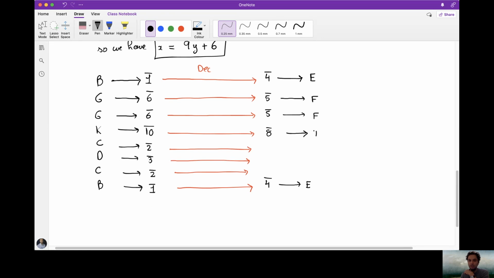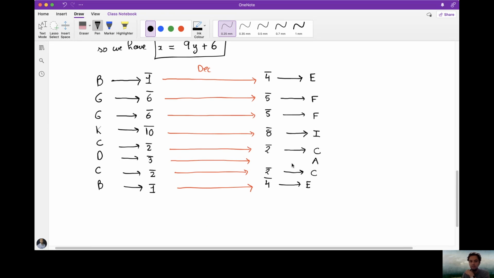And now we just have 2 more letters to do. 9 times 2 is 18 plus 6, 24. 24 is equal to 2, and 2 we know is letter C. And we have 2 again here. The last one, to have the word we're looking for, is quite obvious; we don't even need to do this.